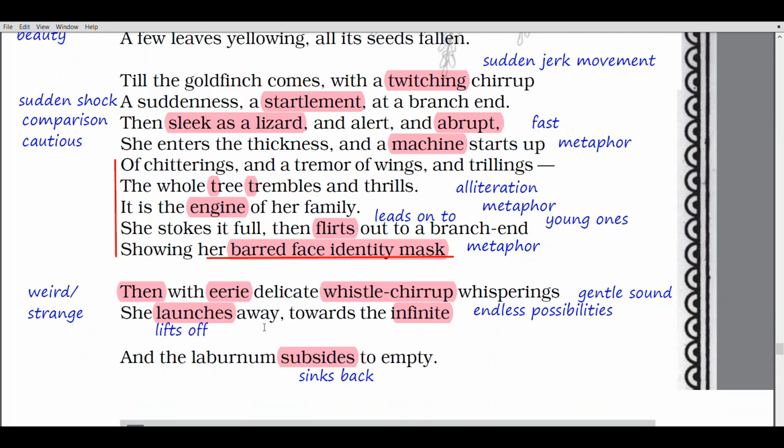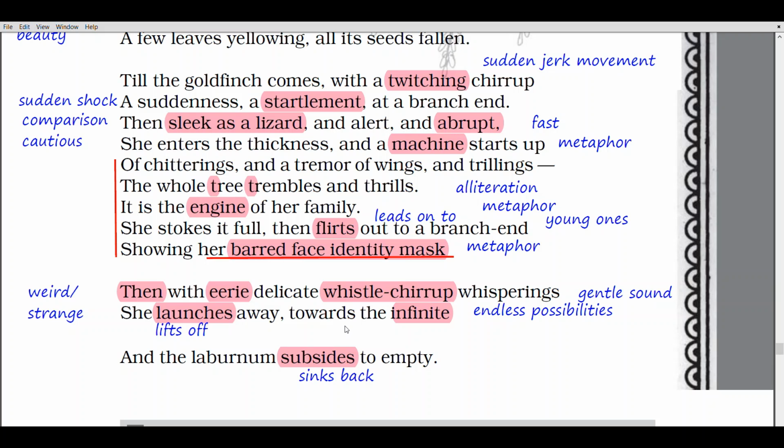Now, the last answer. Then with eerie, delicate whistle chirrup whisperings, she launches away towards the infinite. Eerie is weird and strange. Usually in horror movies there is this eerie feeling, kind of like a scary feeling, but it's actually weird and strange. Delicate whistle chirrup.